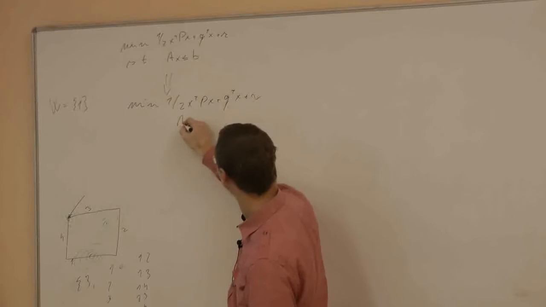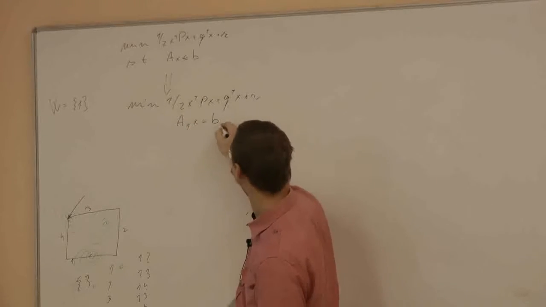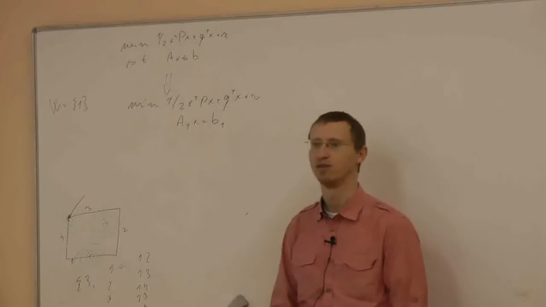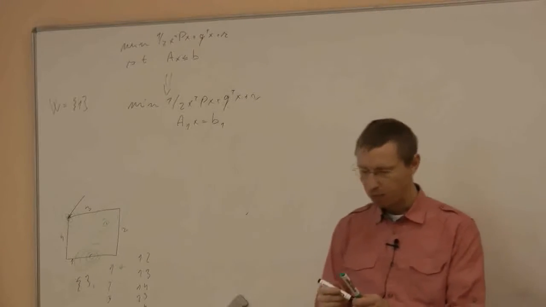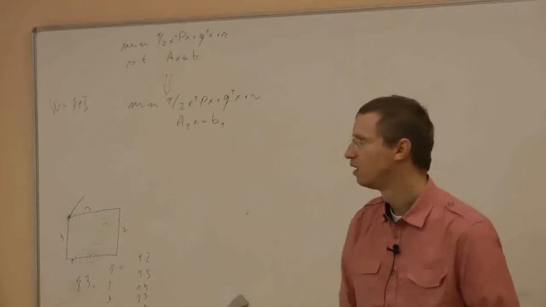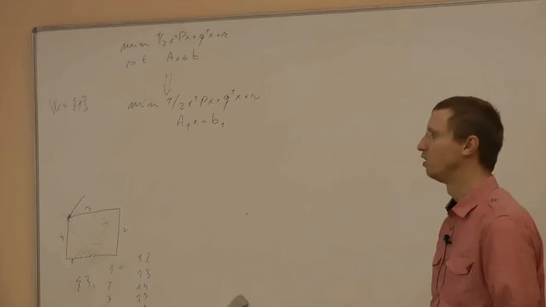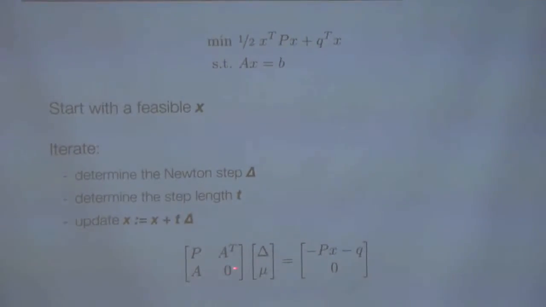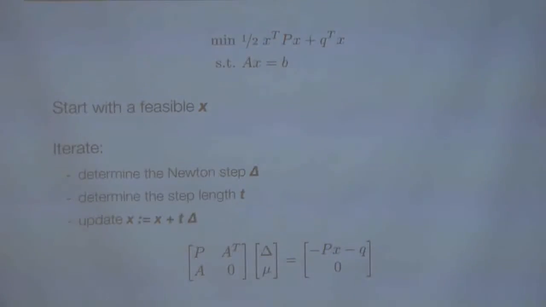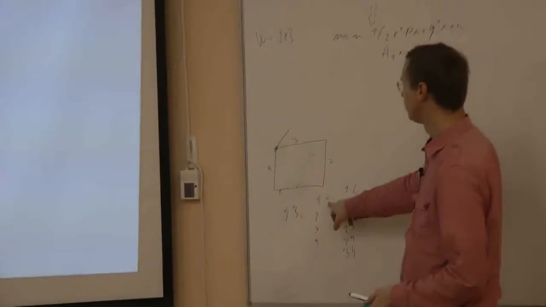But here what we would say is that only the first constraint is active and the other ones are inactive. Okay? And suddenly we are back to the Newton method. Because the Newton method said if we have equality constraints, we can find a solution in a single iteration like this. Okay?